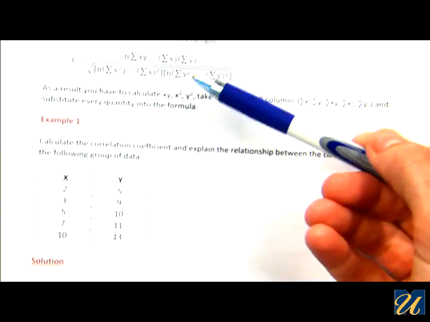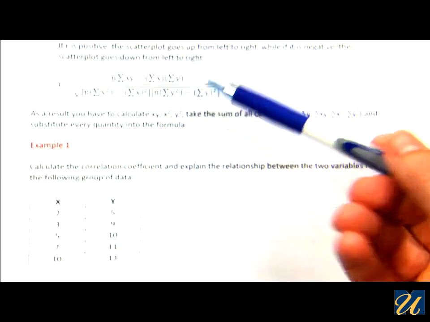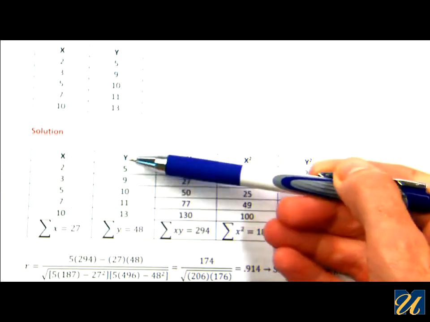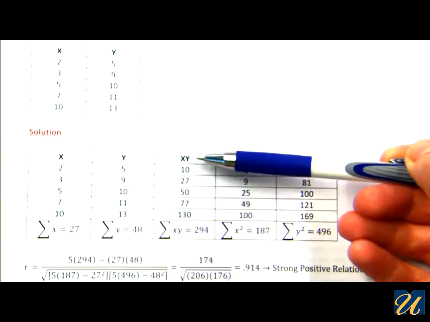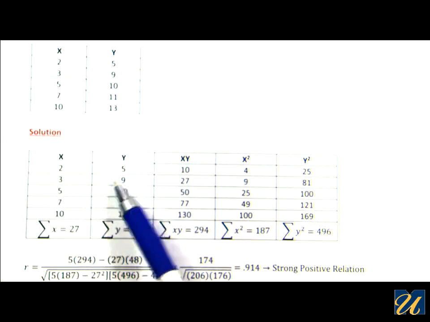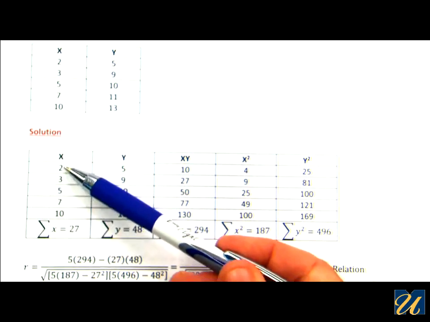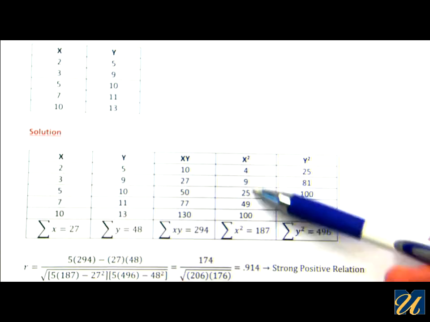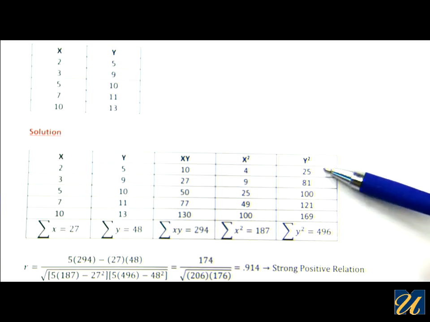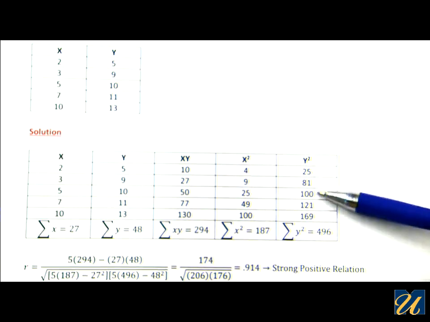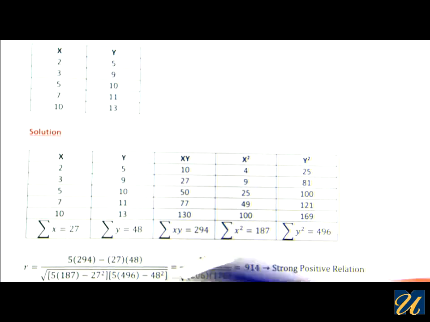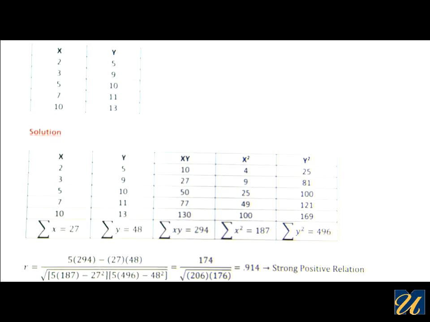If we were to use the formula to calculate r, we would write down x, write down y, find the product of the two for each pair, so 2 times 5, 10, 3 times 9, 27, and so on and so forth. Calculate the squared entries for x, so whatever you have under x, you square it. You will do the same for the y entries. You simply square each y entry. At the end of each column, you find the summation because you will be using it for the formula.